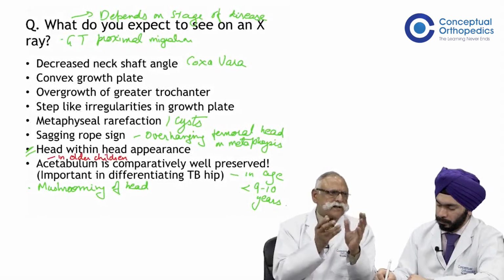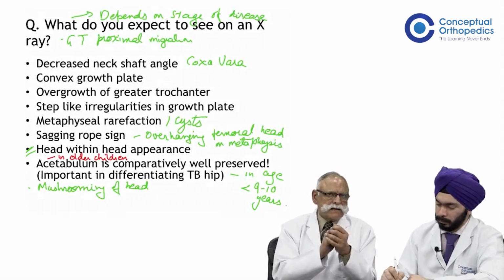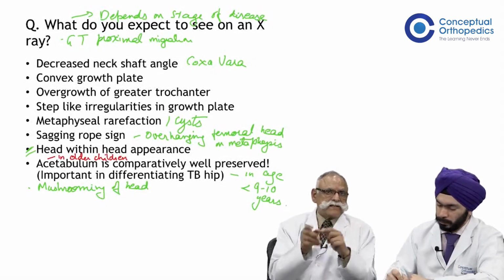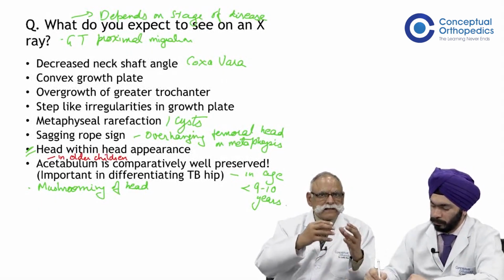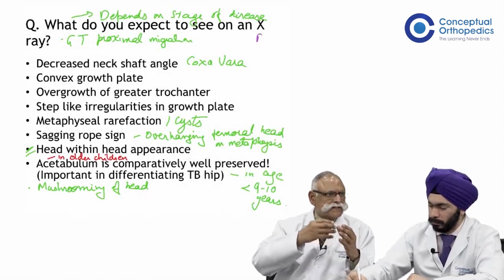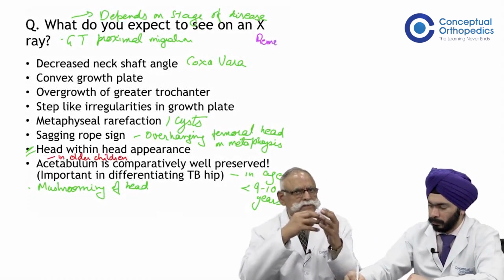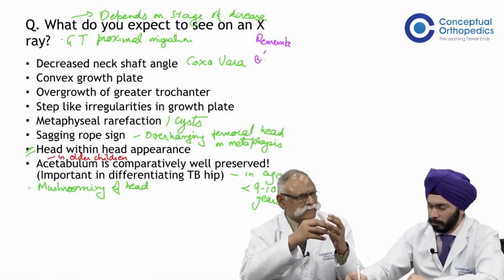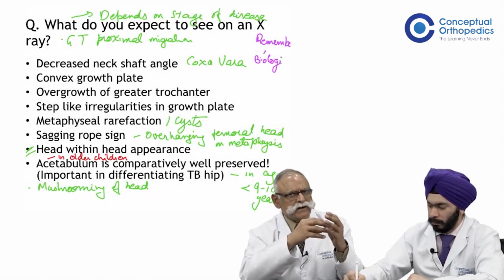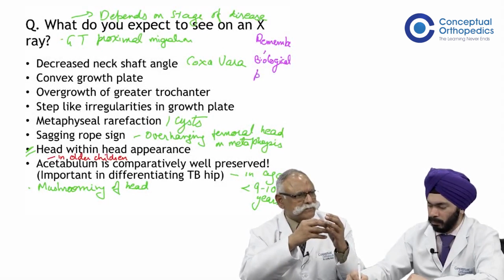Either the head remains contained in the acetabulum, or when the head is not remaining contained, then in the further course of the disease, as the head is becoming cylindrical, it forms a cylinder shape.